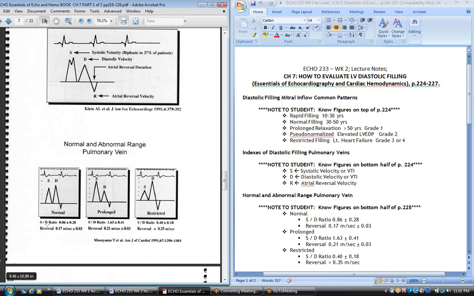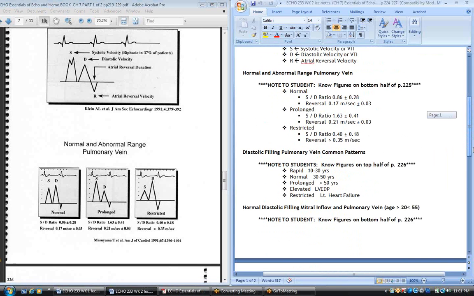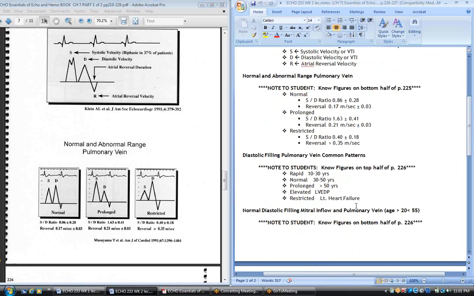You don't necessarily have to know the S/D ratios and the reversal times in milliseconds, but they're given here. You need to be aware of the waveforms, the normal waveform versus the prolonged waveform versus the restricted waveform, so that when you're checking pulmonary veins, you can very quickly determine whether they are normal, abnormal, pseudo-normal.